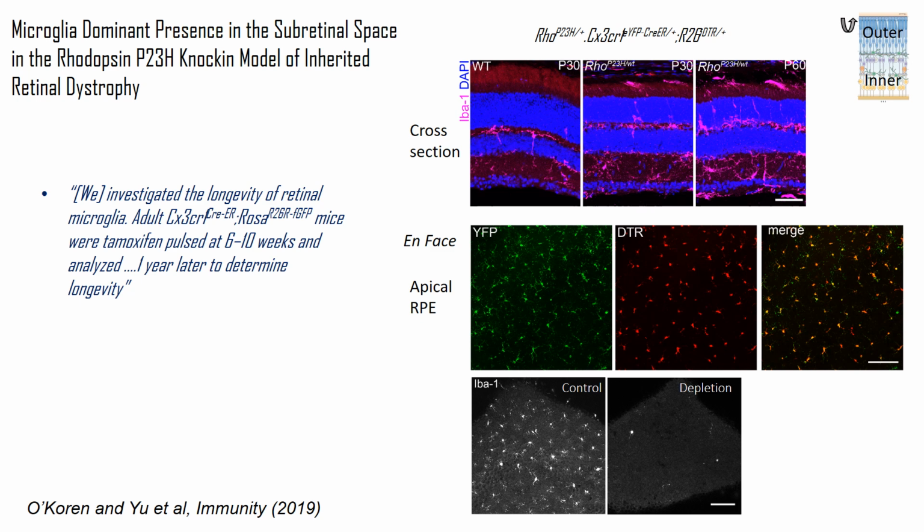Now, with the use of CX3CR1 lineage tracing with DTR conditional labeling, the YFP cells that are on the apical side of the RPE are largely DTR positive, lineage tracing them, therefore, to endogenous microglia. And exposing these mice to diphtheria toxin, in the bottom panel you can see it ablates these cells specifically.